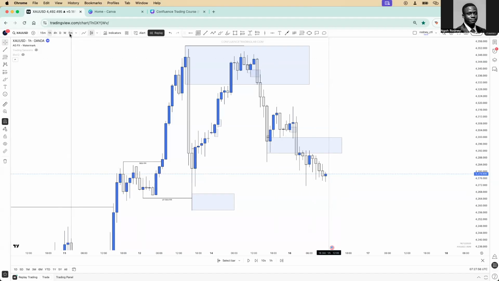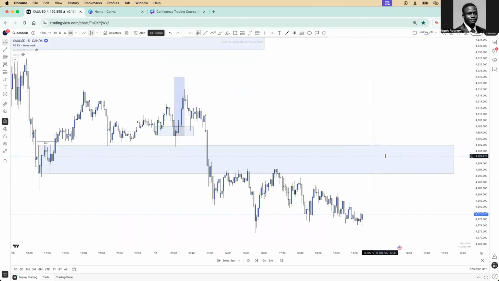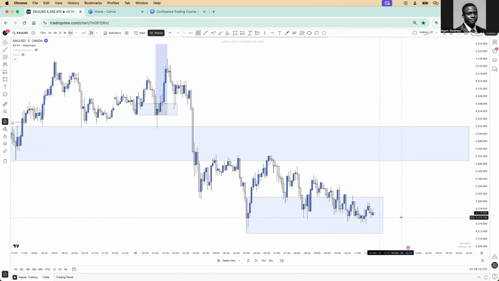But let us just say that we're trying to force it, right? We'll come to a lower time frame to look for bullish order blocks. Again, when you look from behind here, this is a bullish order block. Let's see. We're looking for a good time window.